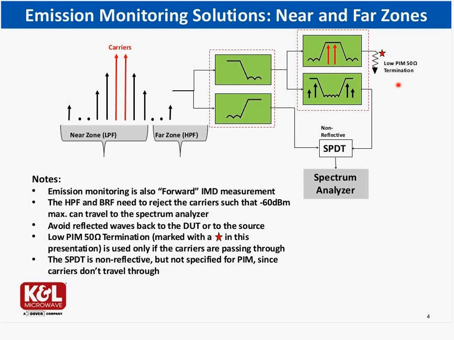We will talk about it more. The spectrum analyzer with an SPDT will complete the task by switching in and out, one time to measure the intermodulation in the near zone and one time to measure the far zone intermodulation. The SPDT is non-reflective.